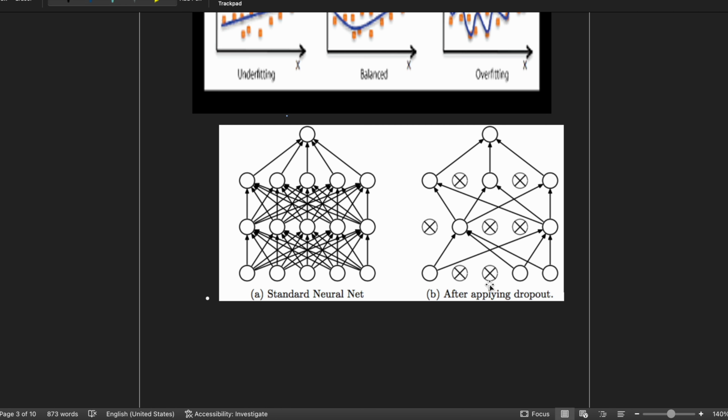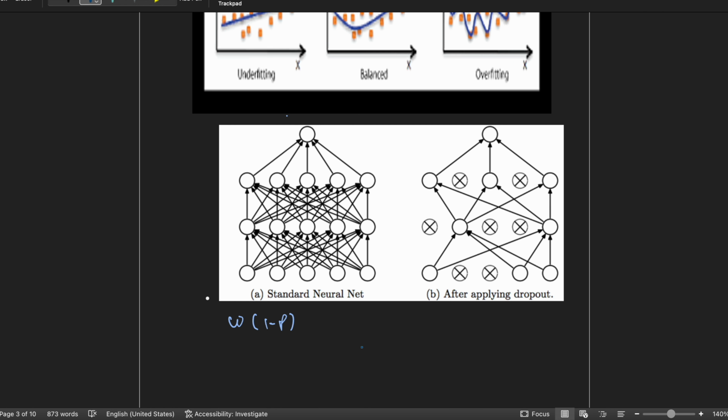But in testing, there will be the same neural network with the weights which have been learned. If we have applied a dropout of 40%, that is 0.4, because out of five, two are out, then the weights we take will be W times (1 minus P). Why 1 minus P?